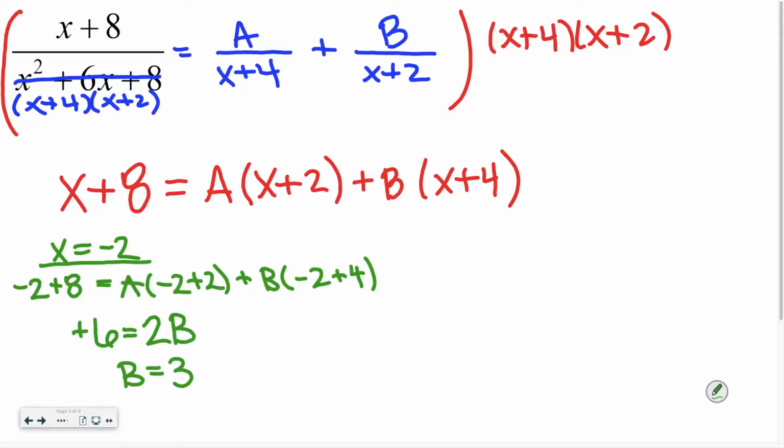What is another value we could strategically choose to plug in for x? If we want this to disappear, we could plug x equals -4. So we can plug a -4 anywhere there's an x.